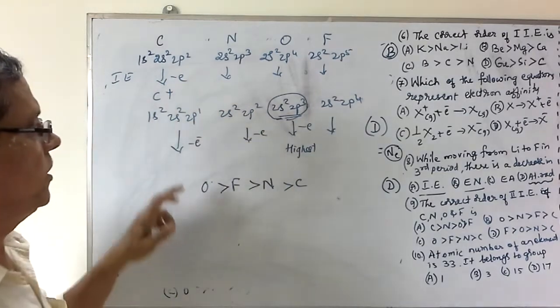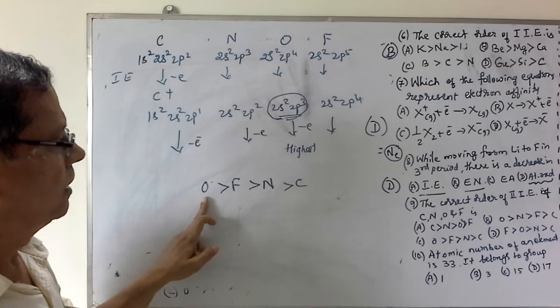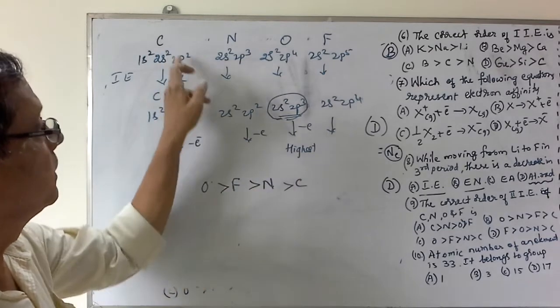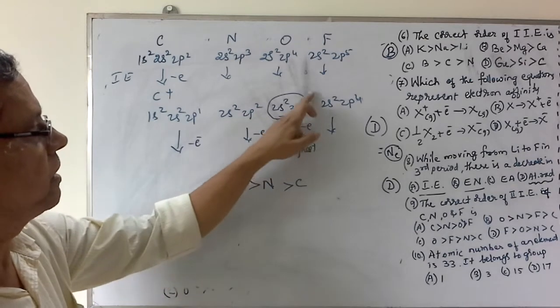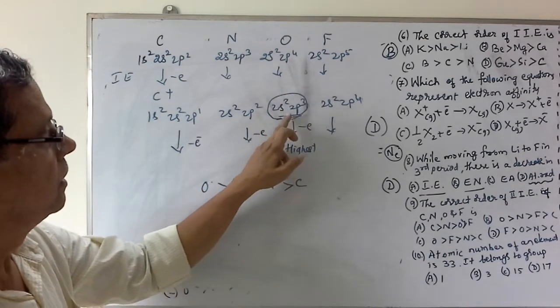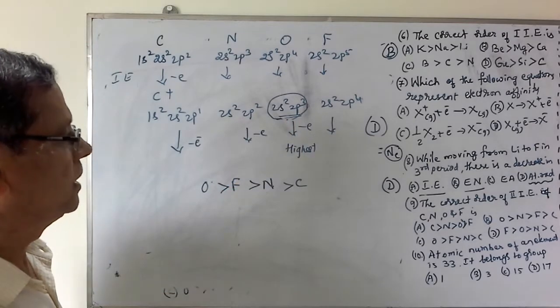So the second ionization energy will be highest for oxygen and lowest for carbon, because once the electron is lost, the stable configuration is for oxygen. So the correct answer will be C.